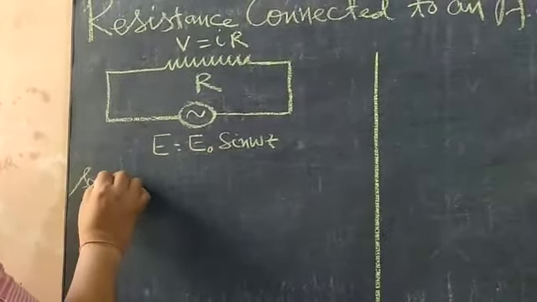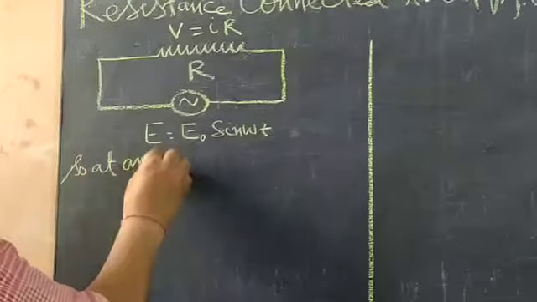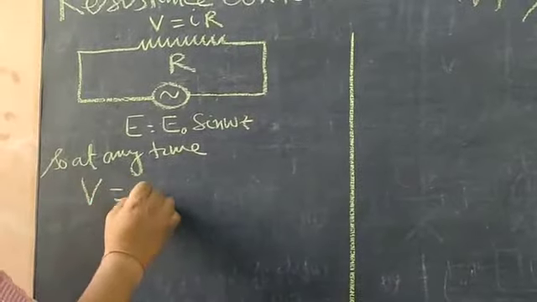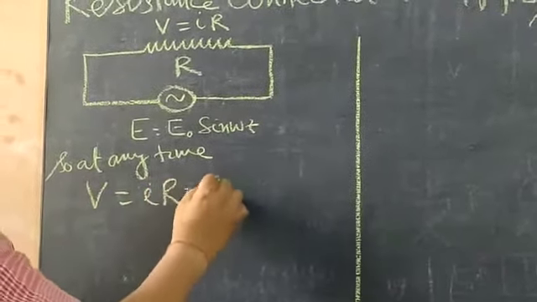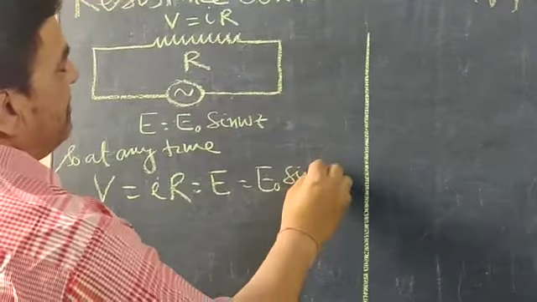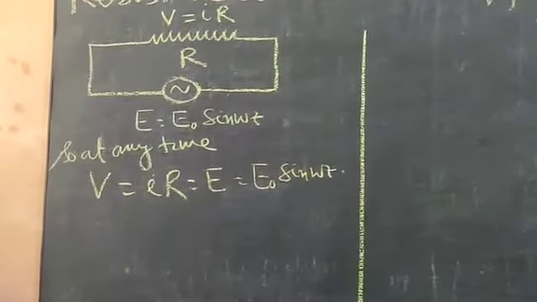So at any time, V = IR = E = E0 sin omega t.